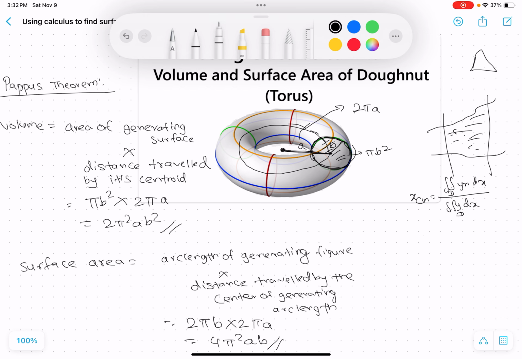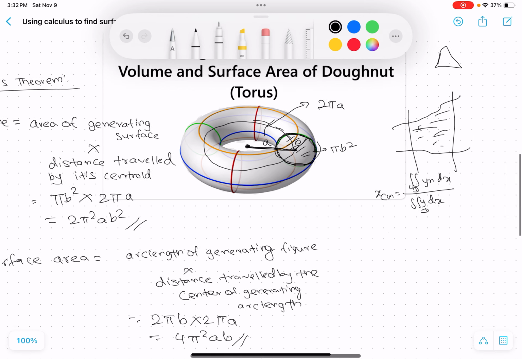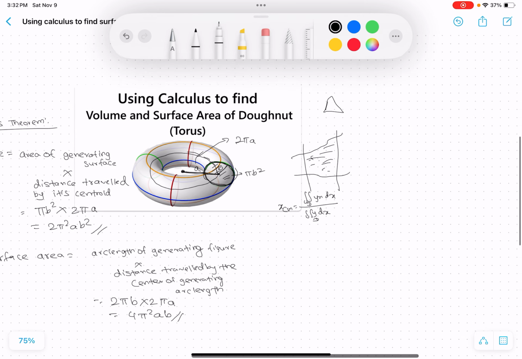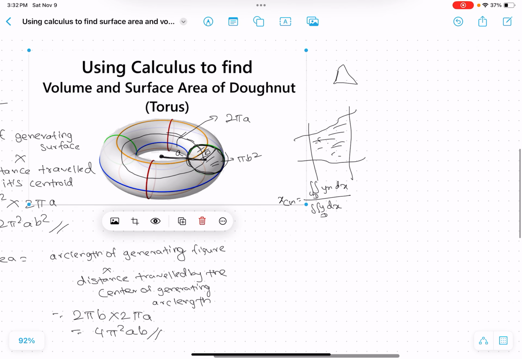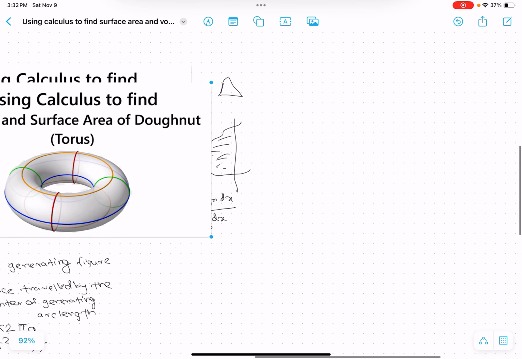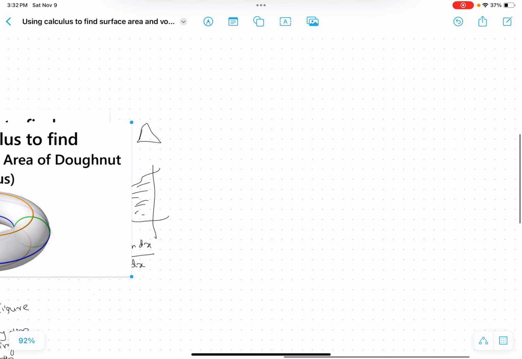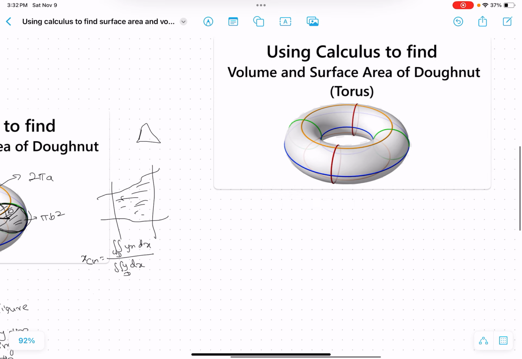But now we want to use calculus to prove these things, right? Now to use calculus, of course, we need to know the equations that give this torus, right? The equations that will generate the torus, and if we have equations, then only we can do the calculus, right?